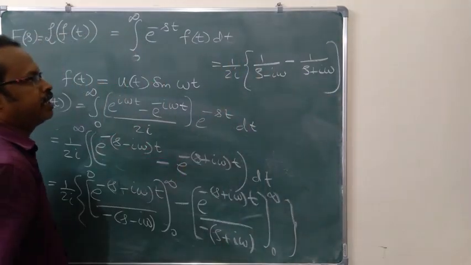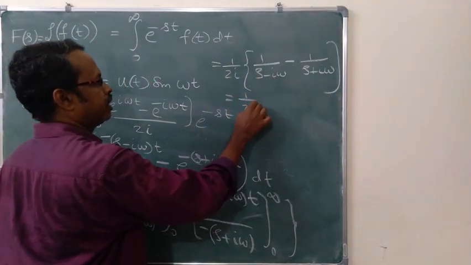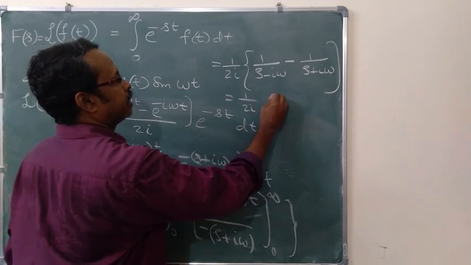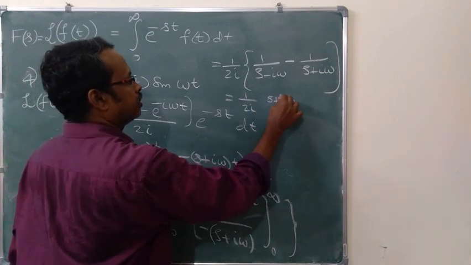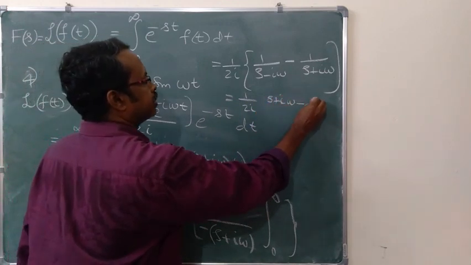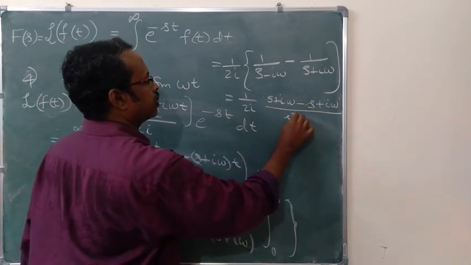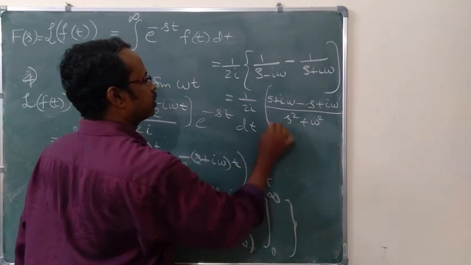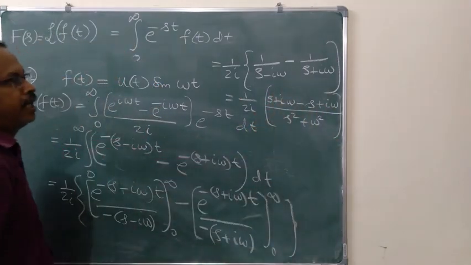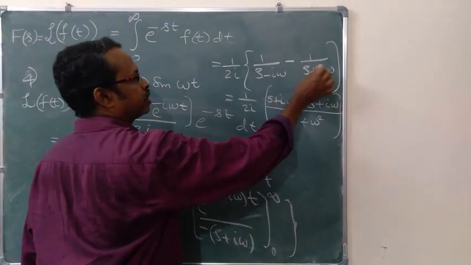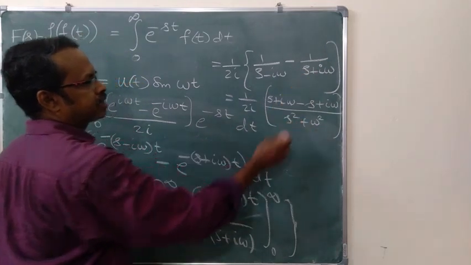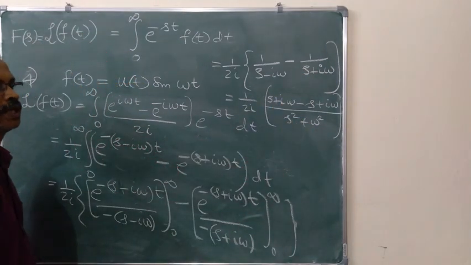So we can take the LCM and obtain 1 by 2i times (s plus i omega) minus (s minus i omega) divided by s square plus omega square. So here we are using (a plus b) into (a minus b), so it is a square minus i square omega square, but i square is minus 1.